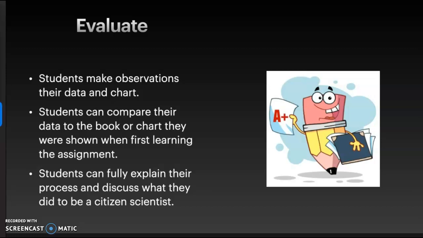So the students can compare and contrast the girl in the book's project and data to their own data, or they can compare their data to one of their classmates' data. And then they can go into full detail about what they did to find all this information.